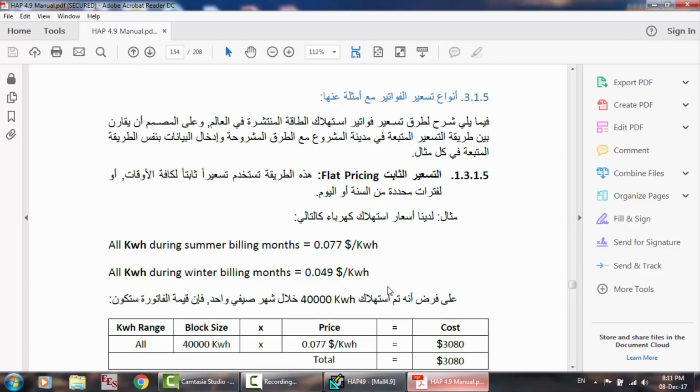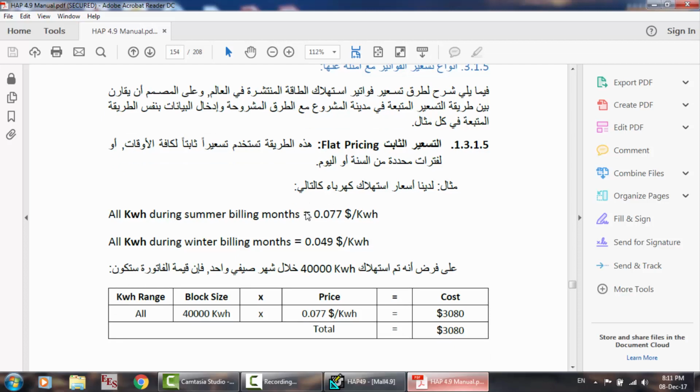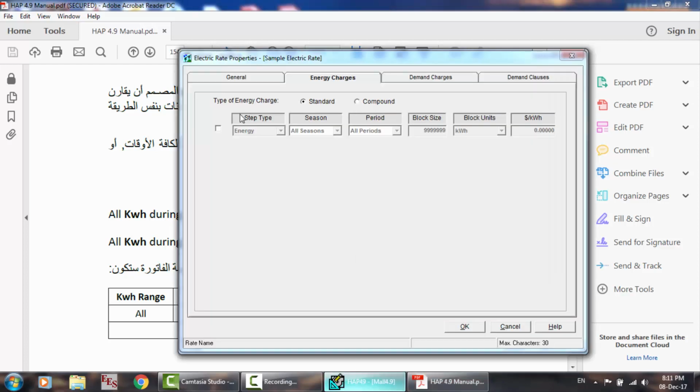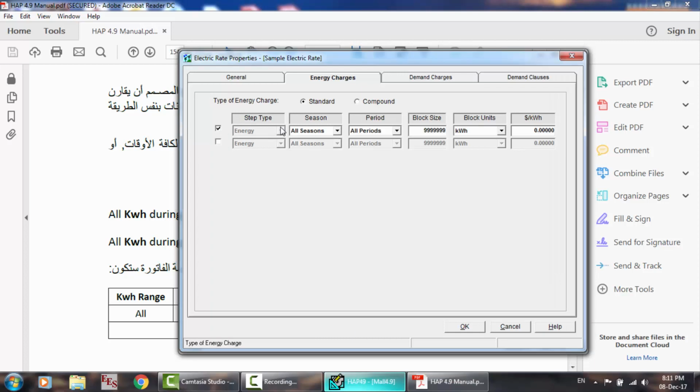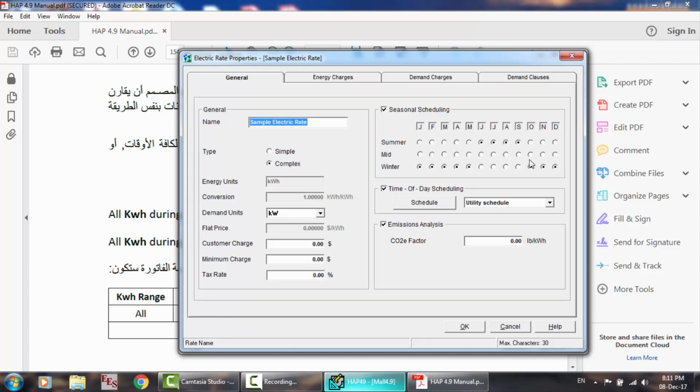So we have here the flat pricing, if the price of the energy is fixed all the time, or for some periods of the year. So click on energy, because it is a standard. For the season, you may make it all seasons or for the summer or winter, like exactly what we did here.